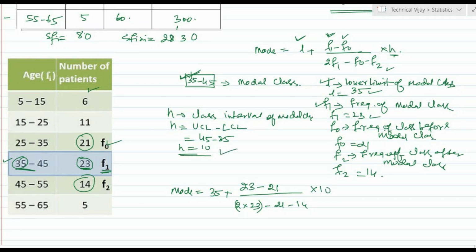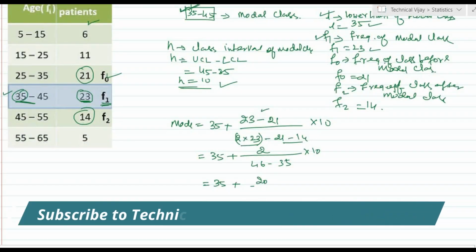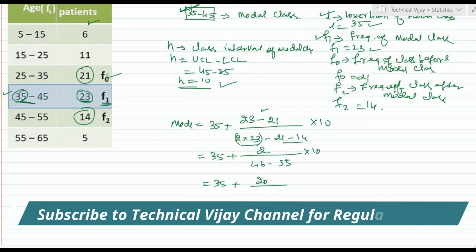This 10 is the class interval. It is equal to 35 plus 23 minus 21, which is 2, divided by 46 minus 35, into 10. And here simplification: 35 plus 2 into 10, 20, divided by 46 minus 35, that is 11. That is equal to 11.